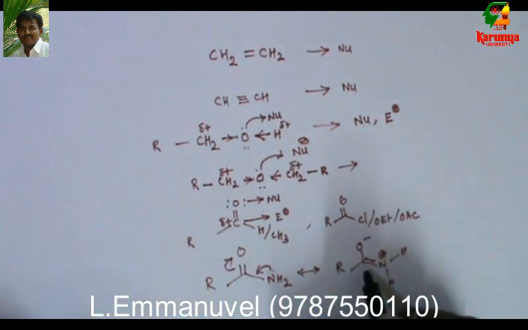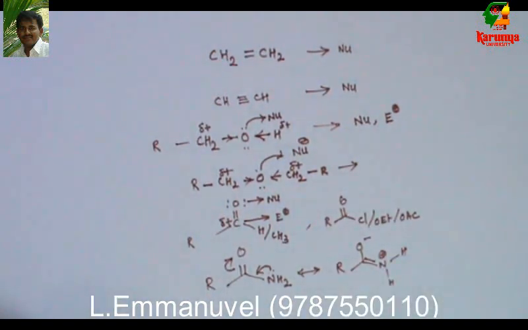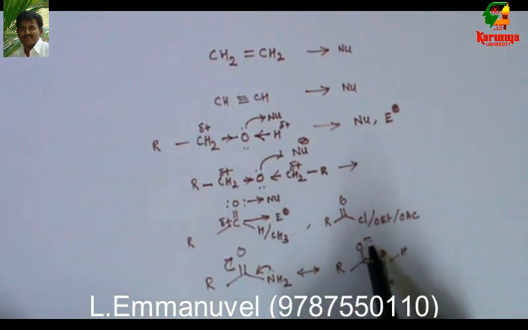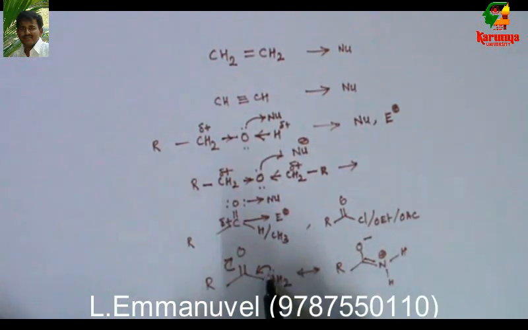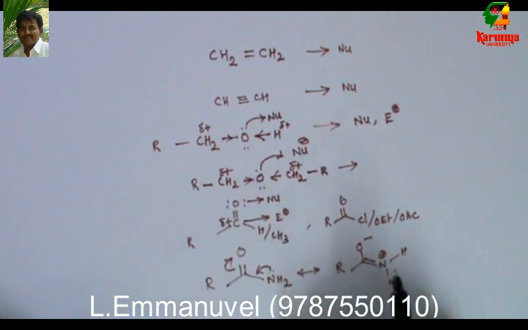So the del plus on this carbon is somewhat less than expected because of the resonance. Now the minus charge is on oxygen and plus charge on nitrogen. This lone pair of electrons cannot act as nucleophile. Amide nitrogen cannot act as nucleophile. The reason is it is involved in resonance. As a result, it gets positive charge.